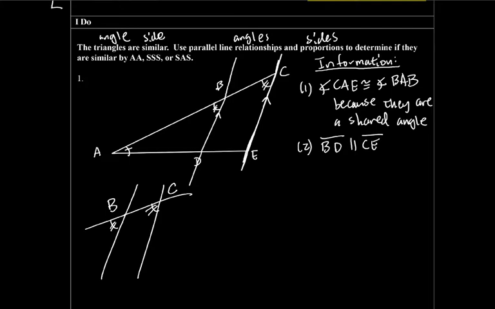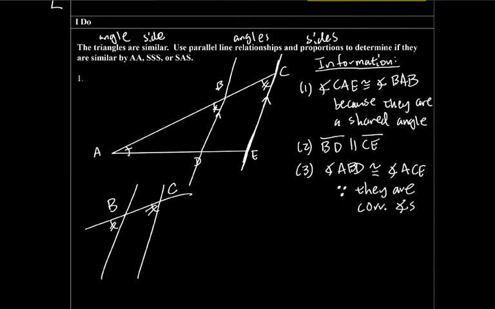So, because BD and CE are parallel, we can conclude that angle ABD is congruent to angle ACE because they are corresponding angles.